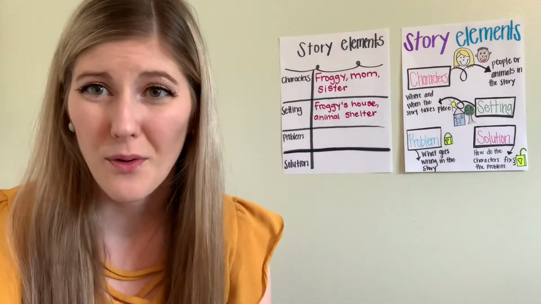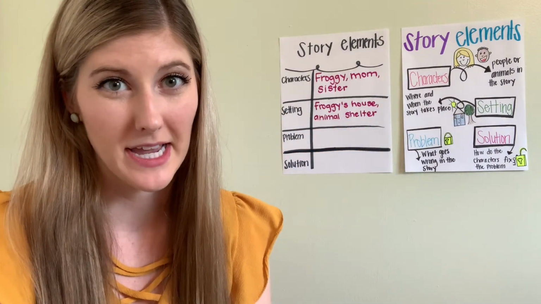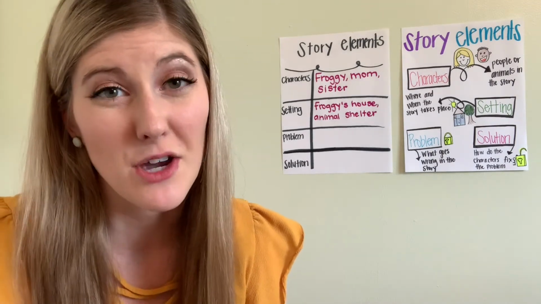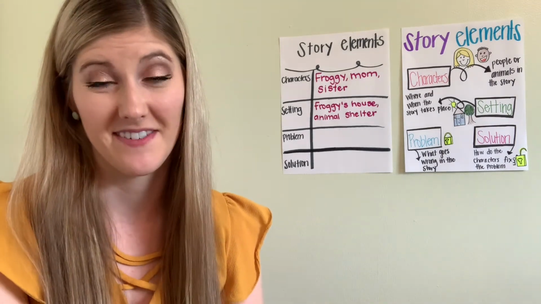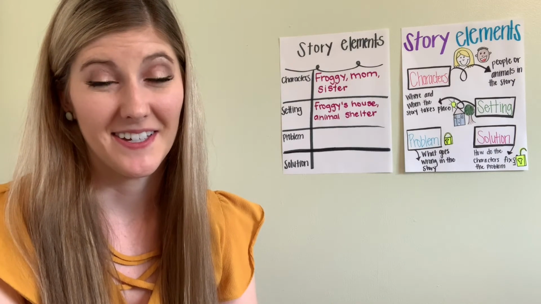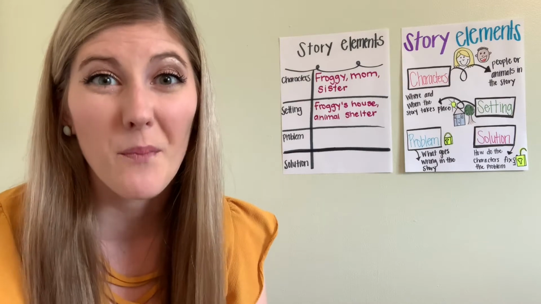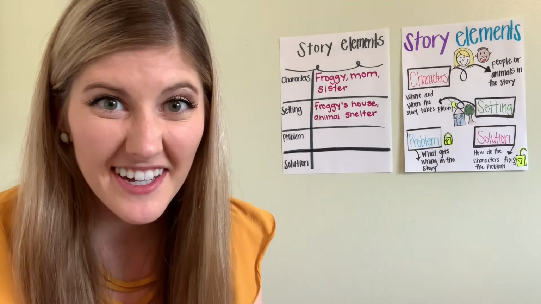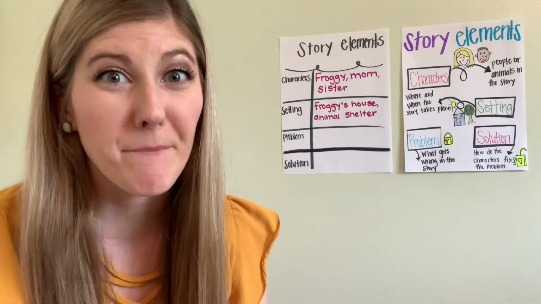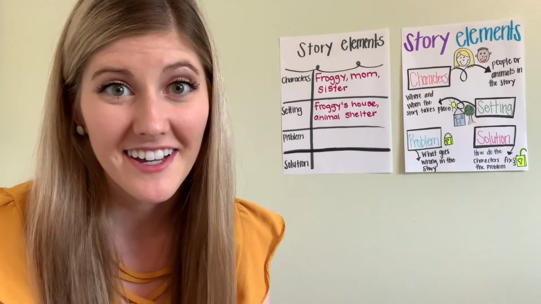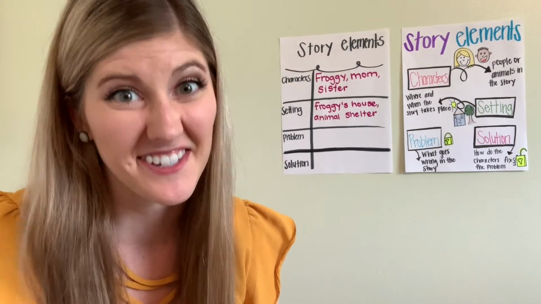So there was a problem in the story, and it's maybe something that Froggy didn't want to happen. Do you remember what happened? Froggy's mom wanted him to get what? A bunny rabbit. That's right. And what did Froggy want? He wanted a dog.